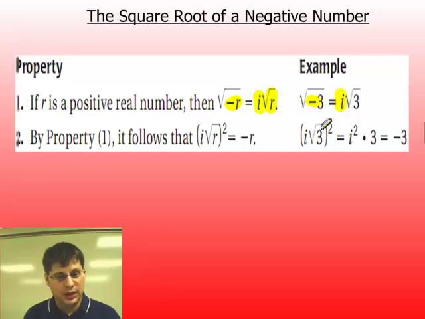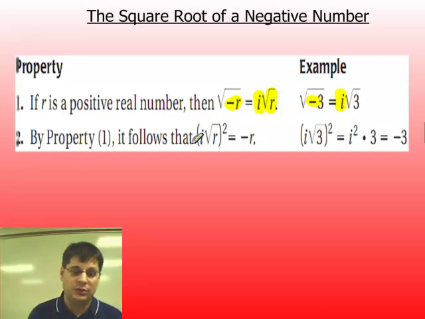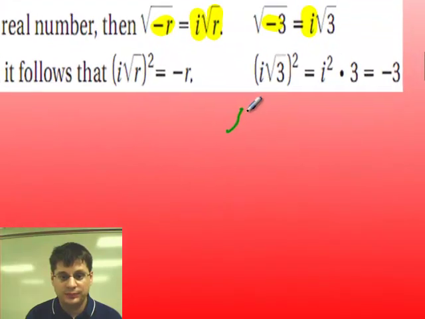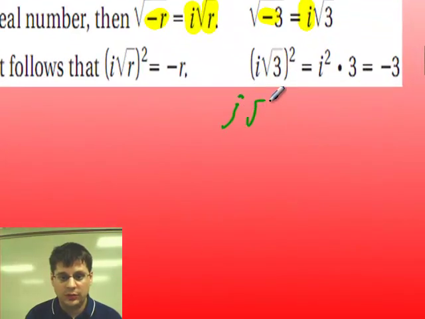Now, because of property 1, we could say that if we square i square root r, then that's going to equal negative r. So in other words, let's say r is 3. If we have i square root 3, this is like saying i square root 3 times i square root 3.